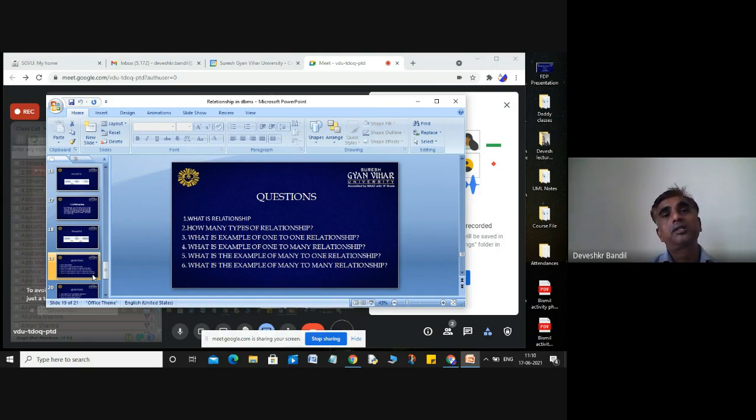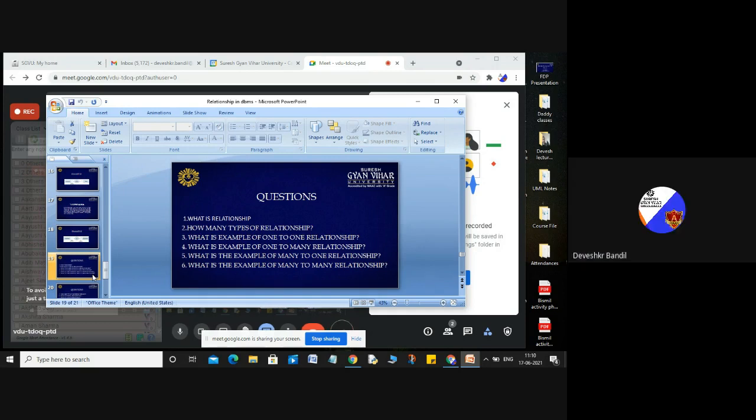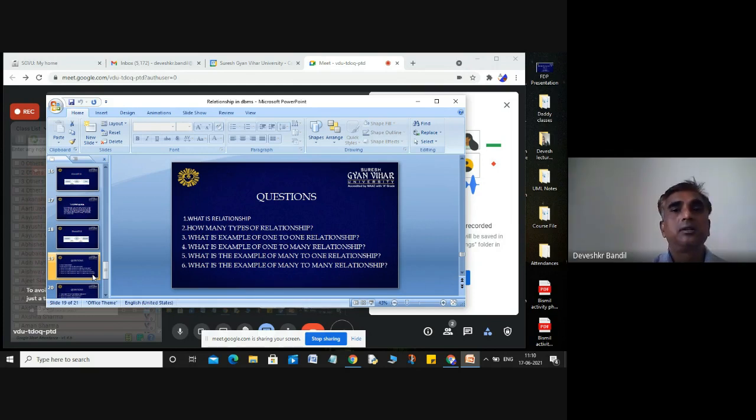Your question is: in your ER diagram, what does an ellipse represent? After studying this lecture, a student can answer how to represent an attribute, in which shape.